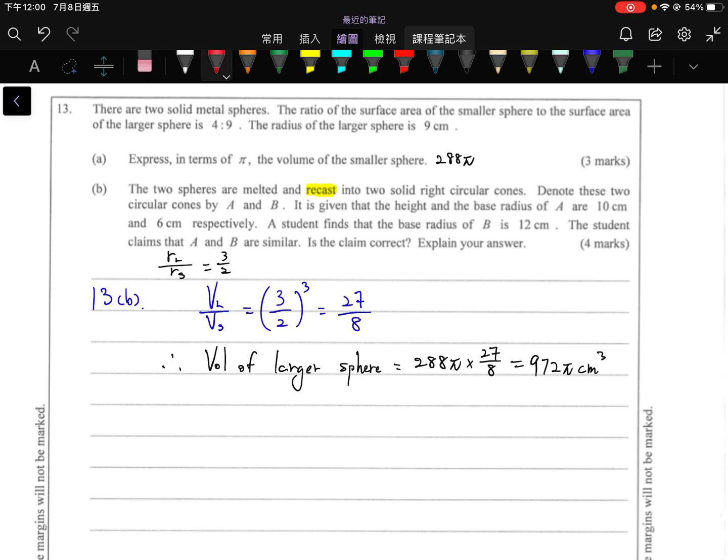Okay, now we have found the larger and the smaller sphere. Based on the keyword cast, a very important sentence is: the total volume of two spheres will be equal to the total volume of two cones.